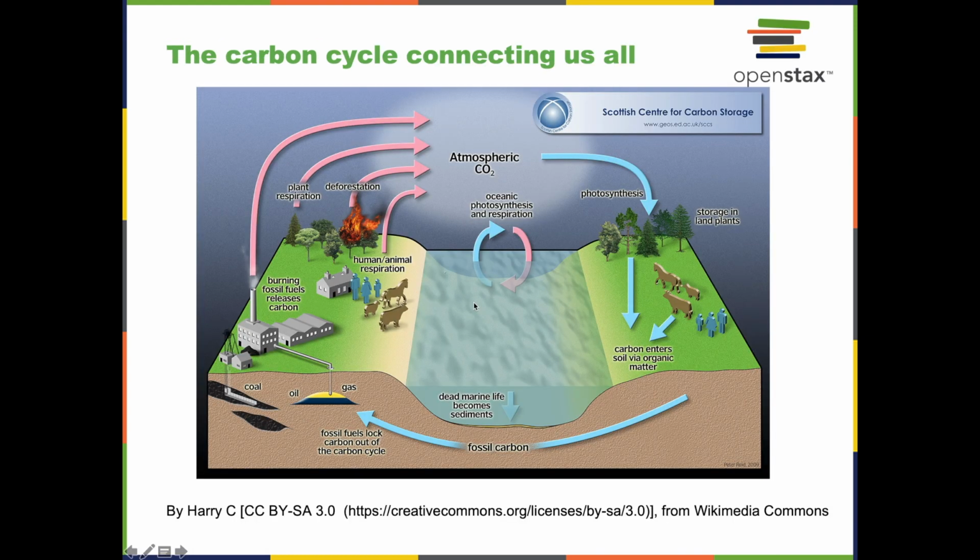Now, what is the carbon cycle? The carbon cycle describes how carbon molecules are recycled in the atmosphere. So let's follow one. We have atmospheric CO2 that is captured by photosynthesis.